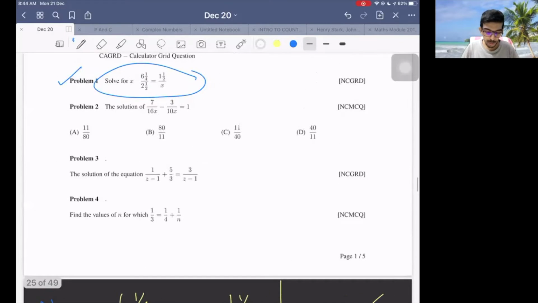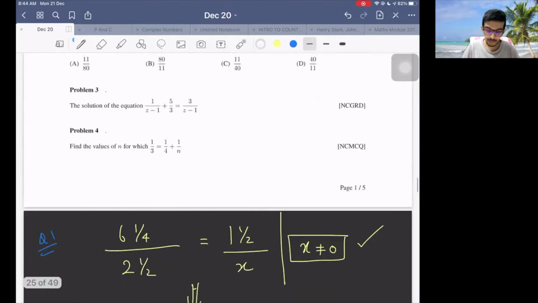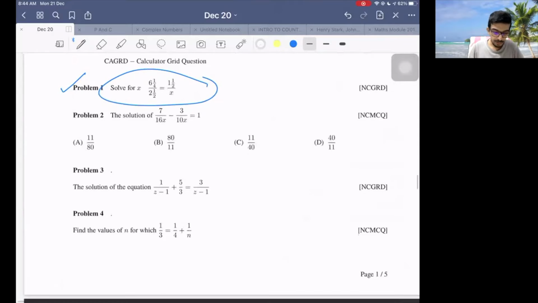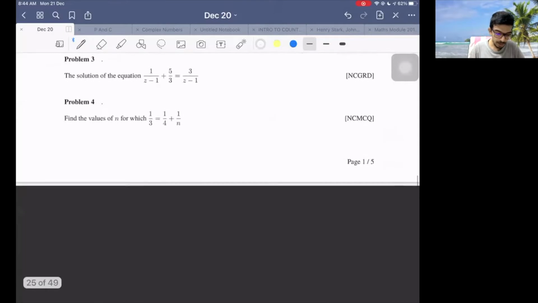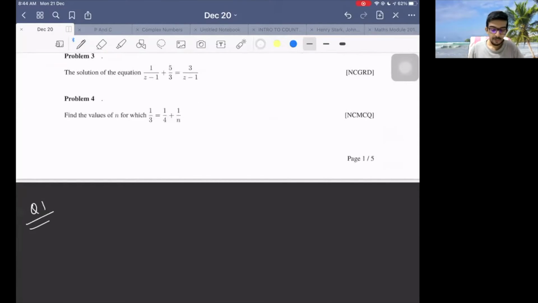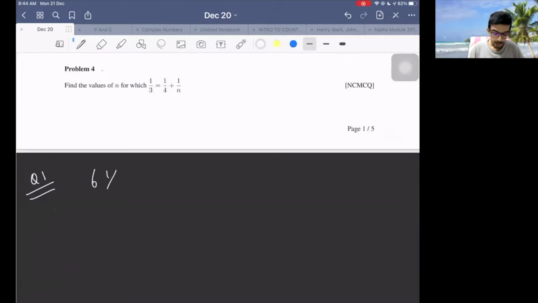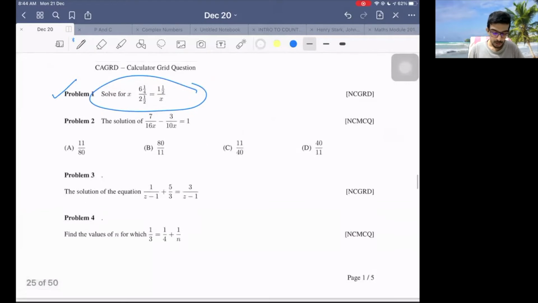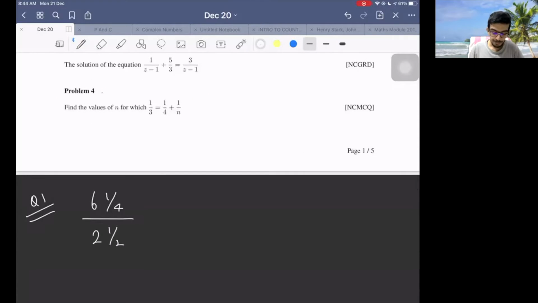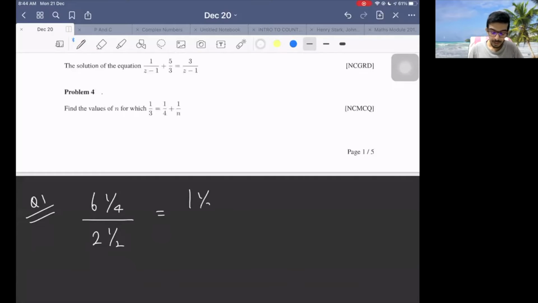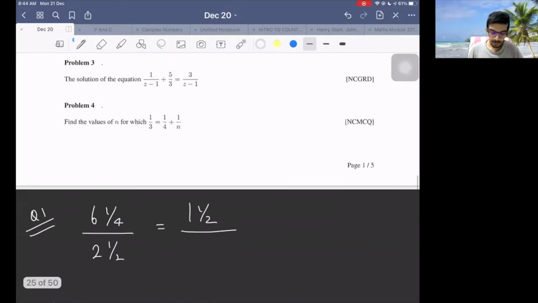Okay, so now let's move on to this question. So we were trying to solve this question. Let's see how this can be solved. So we have question number 1. We have 6 and 1 by 4 divided by 2 and 1 by 2 equals 1 and a half divided by x.